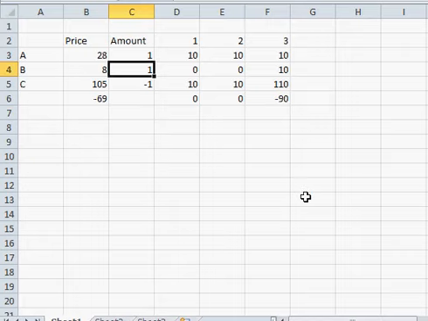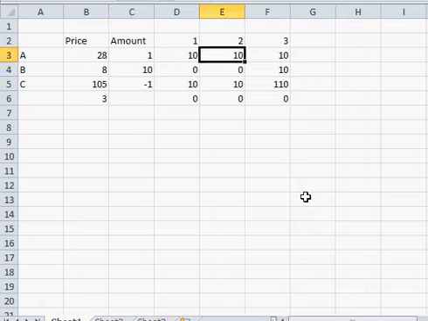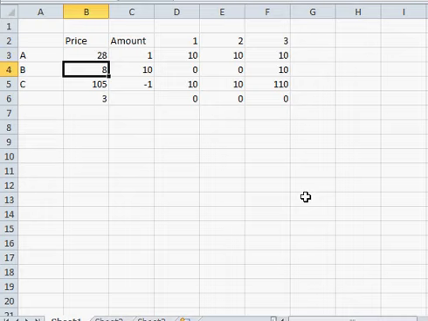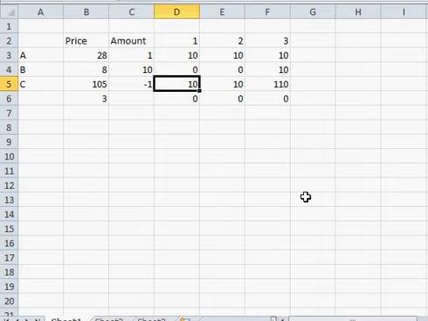So if I actually increase this to 10, now my cash flows have netted out. So if I take one of these, 1A, and I take 10 of these and combine them, I get 10, 10, 10 plus 100, and you get 10, 10, 110, and you'll end up with the same cash flows as security C.